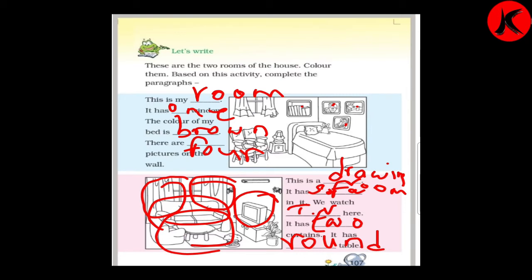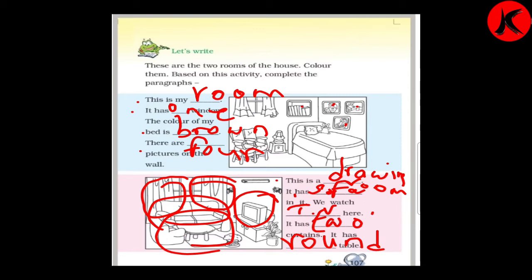So once again we will read, children, from starting. This is my room. It has one window. The color of my bed is brown. There are 4 pictures on the wall. Now the next picture is of, this is a drawing room. It has sofa in it.